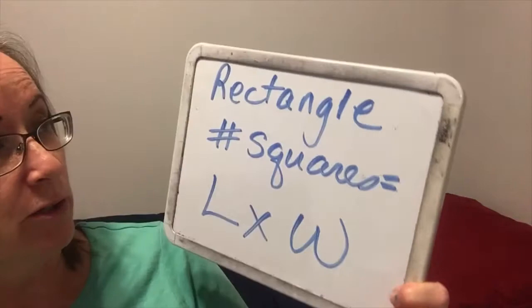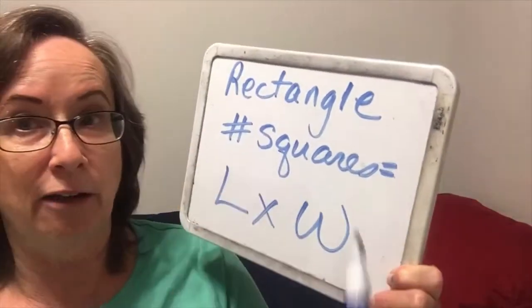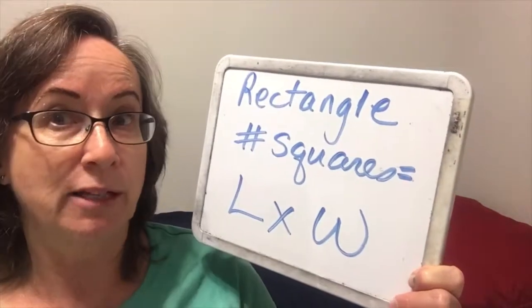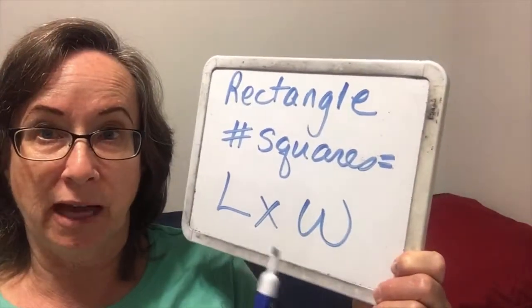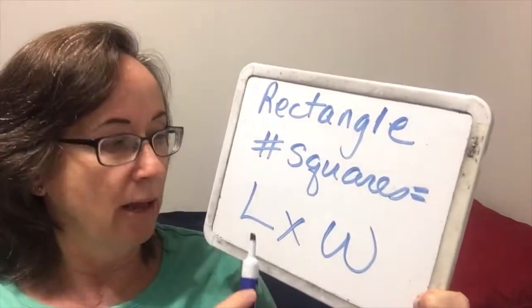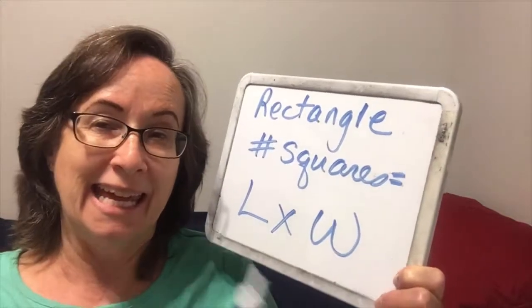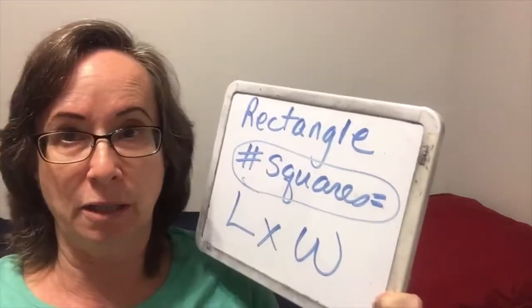Hopefully you understand that if we have a rectangle and we're looking for the number of squares it's going to take to cover it, we're always going to do length times width. Of course, we have to get the length and the width into the units that we want these squares to be.